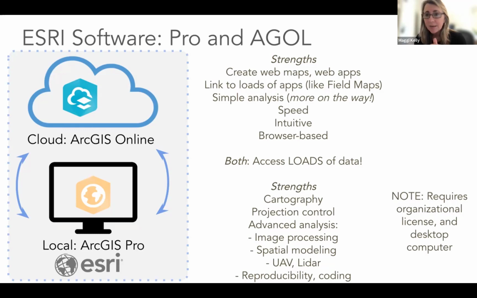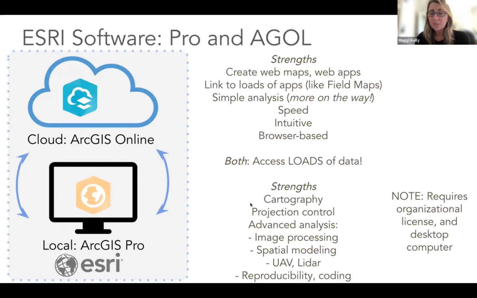Both ArcGIS Online and Pro allow you to access huge repositories of spatial data, which is fantastic. And Esri continues to upload more functionality to ArcGIS Online. So the differences between ArcGIS Pro and ArcGIS Online in terms of analysis capacity are diminishing, but you still can do a lot more in Pro.